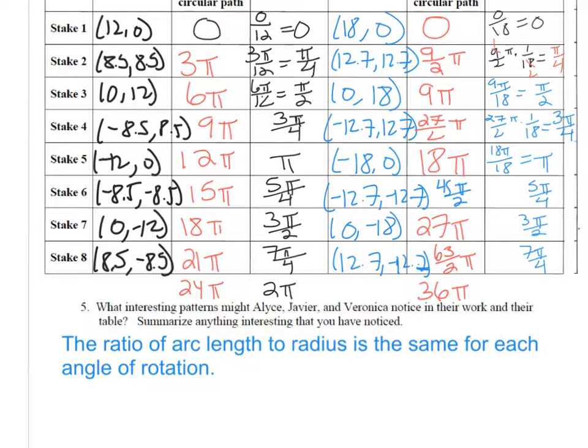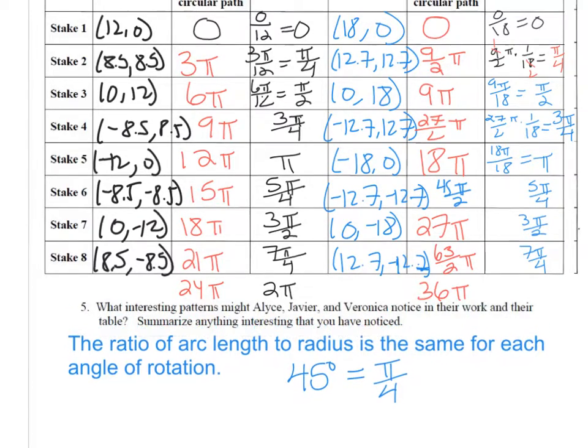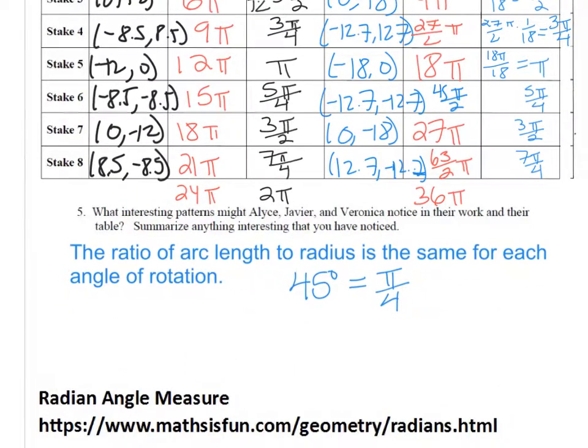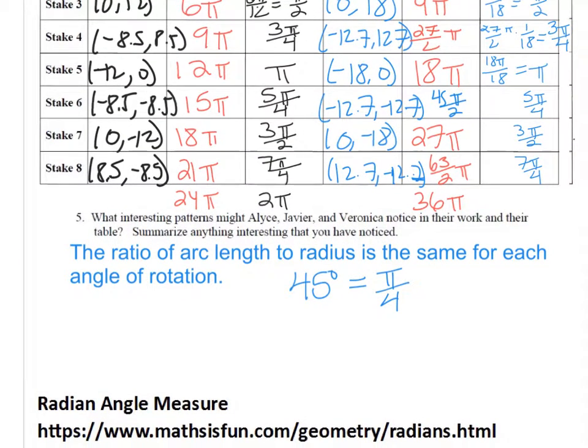So if we break that down, 45 degrees is equal to pi over 4. We can also say that 180 degrees equals pi.